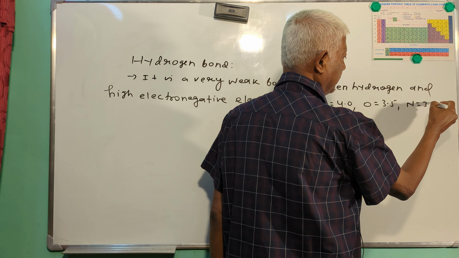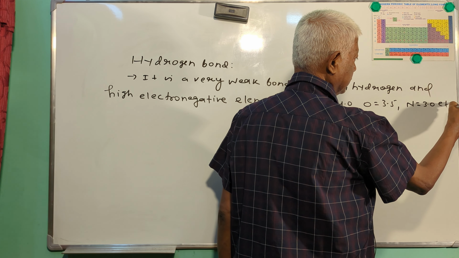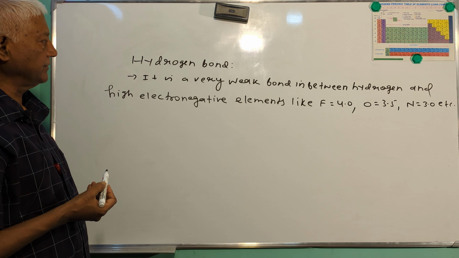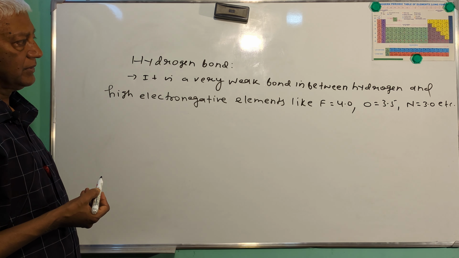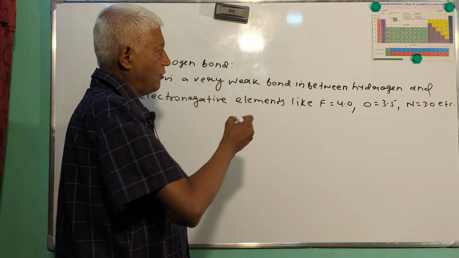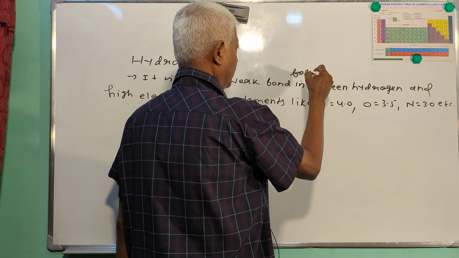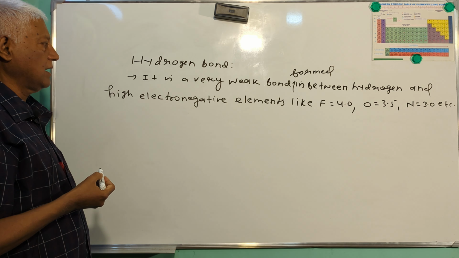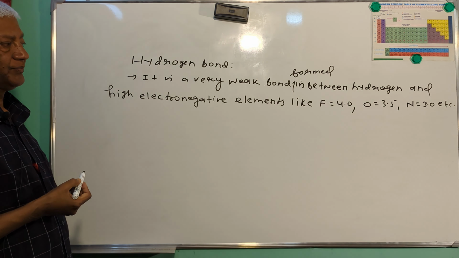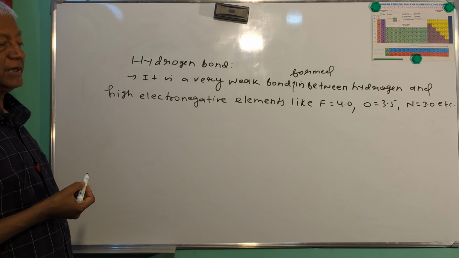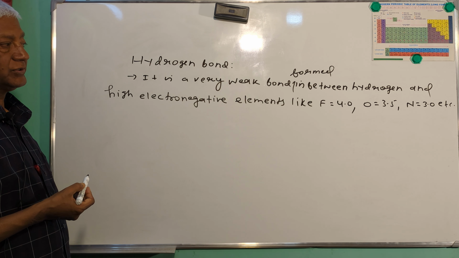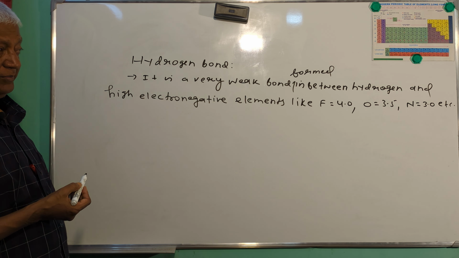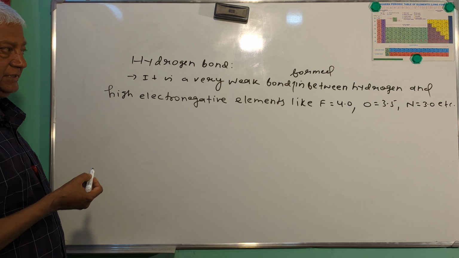Its electronegativity is 3.0, etc. So when we talk about the definition of hydrogen bond, it is a very weak bond formed in between hydrogen and highly electronegative elements like fluorine having electronegativity value 4.0, oxygen having electronegativity 3.5, nitrogen having 3.0, etc.